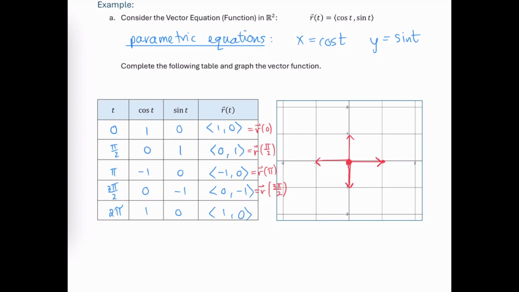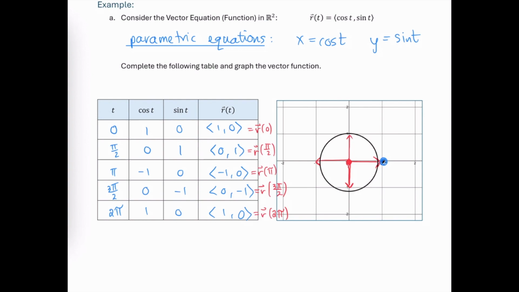And r evaluated at 2 pi gives us the same vector that we started with. Of course, if we took more ordered pairs, we would see more vectors pointing to ordered pairs on the outside of this circle that is centered at the origin with a radius of 1.